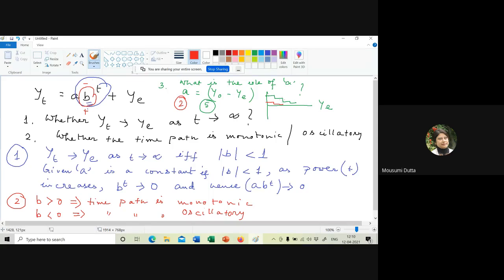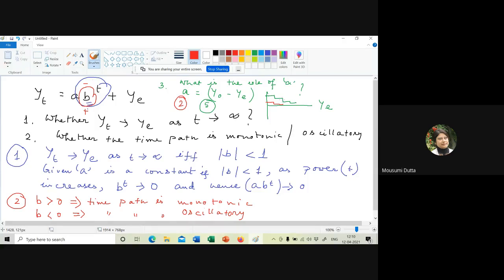That will be determined by B solely, that is, whether it will be convergent, divergent, monotonic, oscillatory. These will be totally determined by B. And no way will A affect this particular nature of the time path of the economic variable. However, A changes the scale.